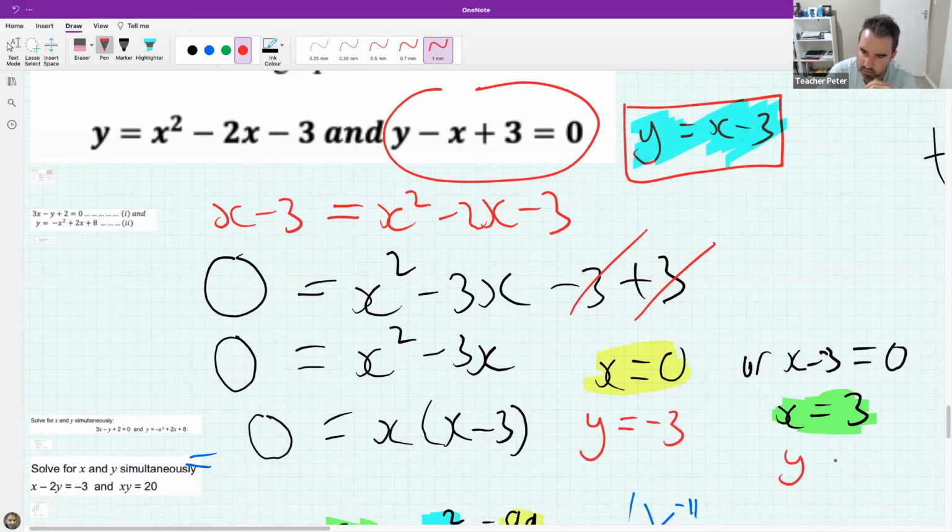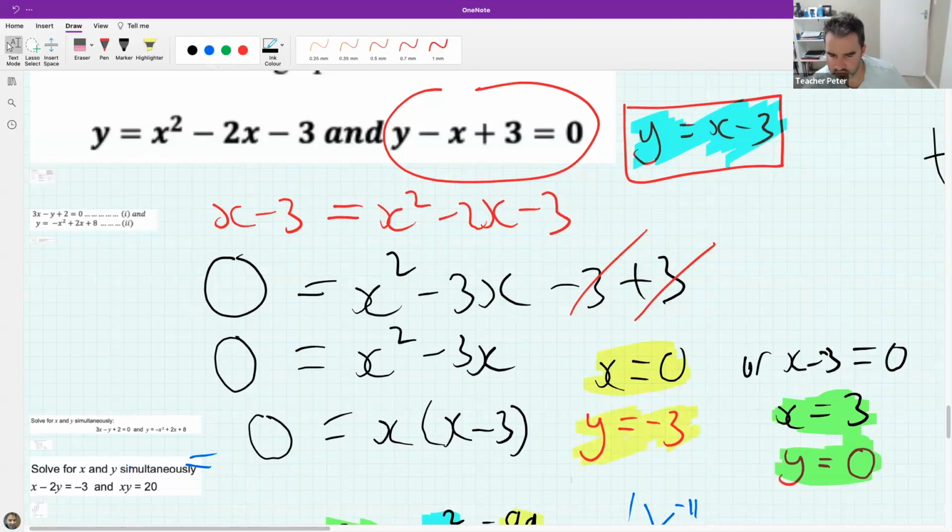And on this side, 3 minus 3 is 0. So the matching simultaneous solutions are the green ones and the yellow ones. And that is that for this evening.